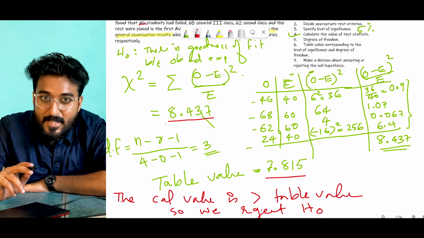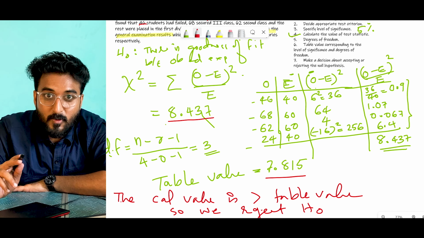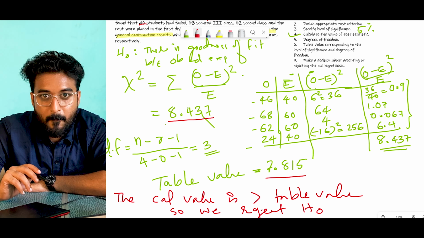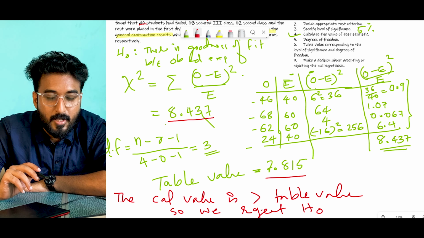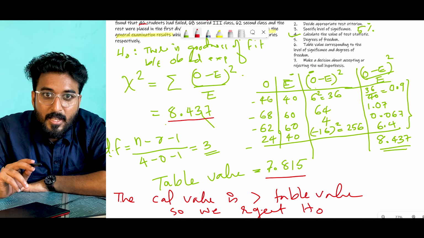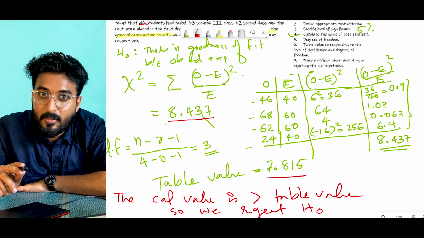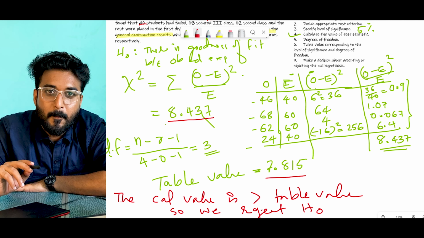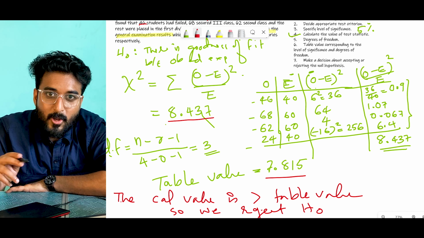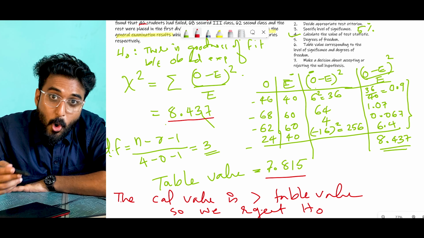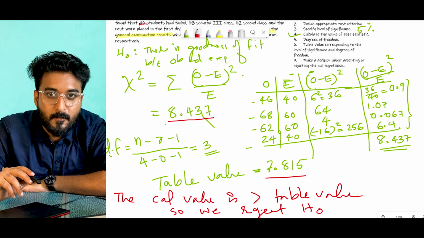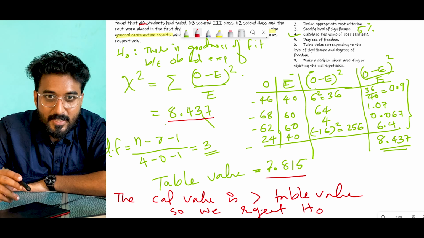So these figures are not commensurate with the general examination result. This is the particular answer for this question. Clear? So in general, you can say that there is significant difference between expected frequencies and observed frequencies, or you can say like this: there is no goodness of fit between observed frequencies and expected frequencies. These are general answers, general decisions.